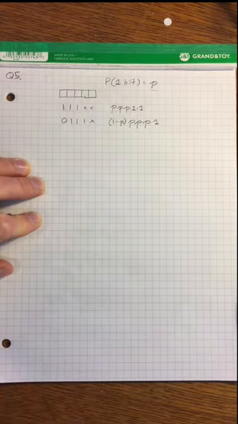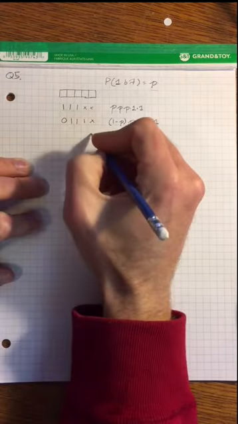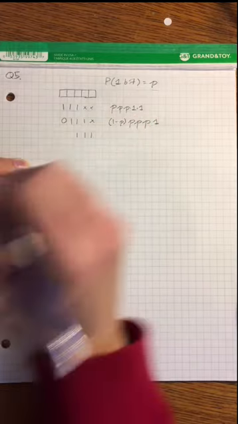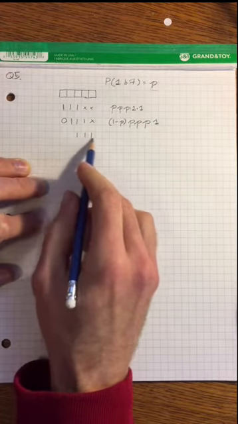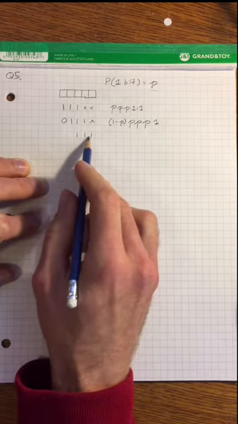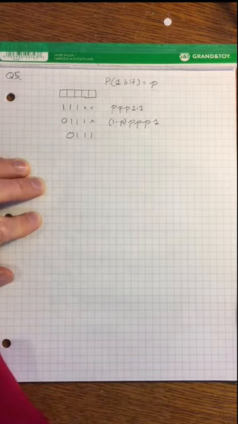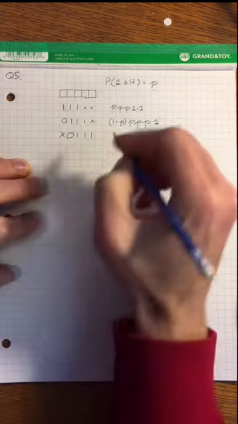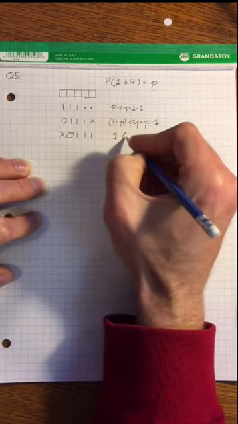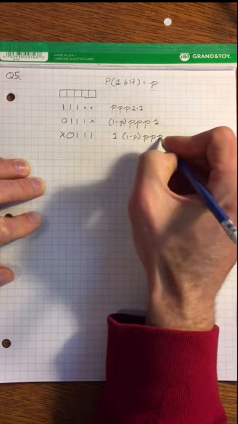And then the last sequence is when the 3 1s happen to occur at the end of the frame. So in order for exactly 3 ones to occur at the end of the frame, we have to have a 0 there, and we don't really care what came before. So we have 1 times (1 minus p) times p times p times p.